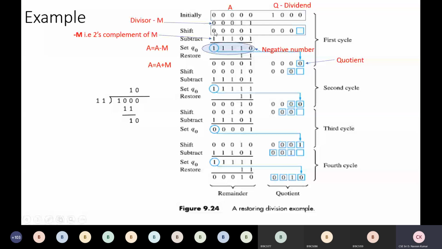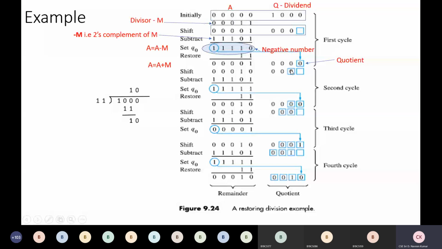So simply, what happens is 4 steps. One is shifting left side, next is subtracting, that is minus m, doing minus m. How does minus m come? 2's complement. So a minus m means a plus minus m, which is 2's complement. So we get this result. If it is a negative number, what we are doing is we will restore, before restoring we will set the quotient bit also. If q0 is 1 we make it 0, if 0 we make it 1. So we restore, getting to the previous state, and again shift all these bits towards the left side by 1 bit.